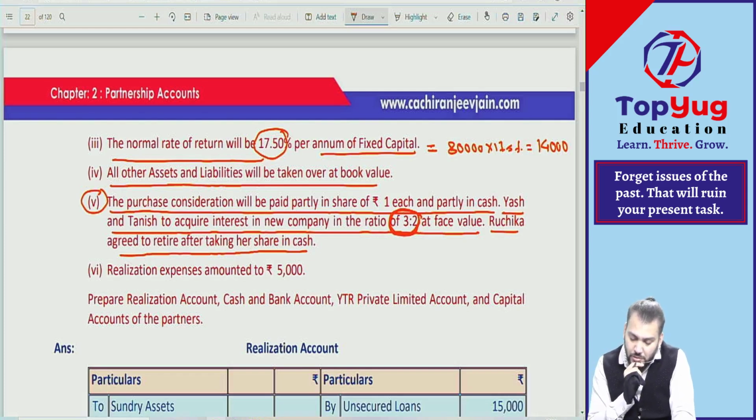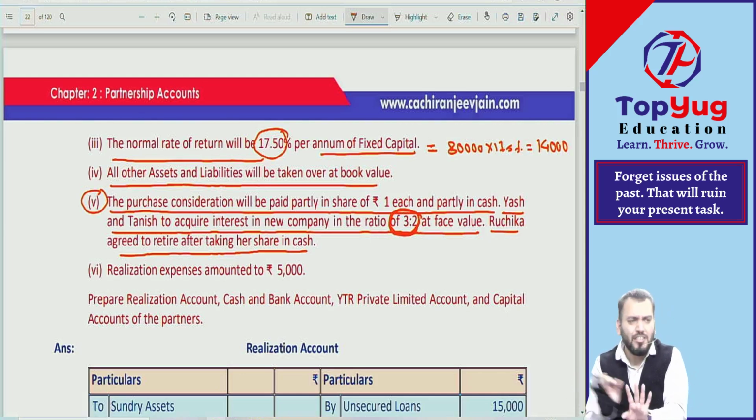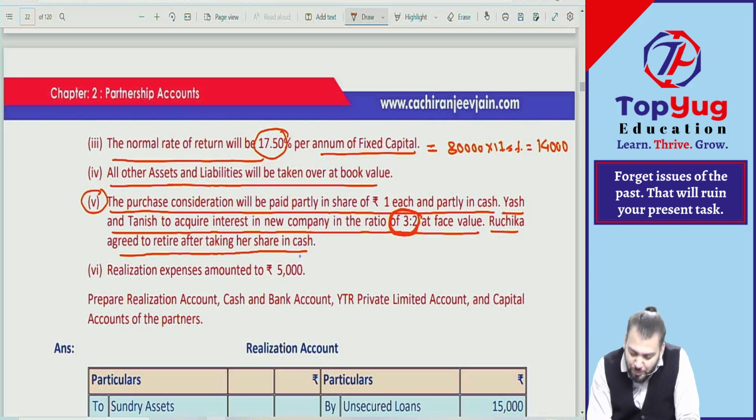Ruchika agreed to retire after taking his share in cash. So this is not a question of insolvency then. It is not a question of retirement. He's going out of the firm. He doesn't want to join in a company. So he will be paid in what? Cash. Realization expenses amounted to rupees 5,000.